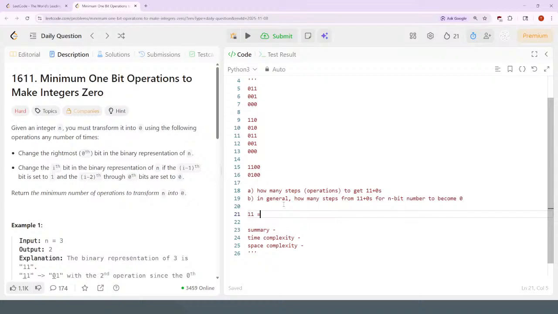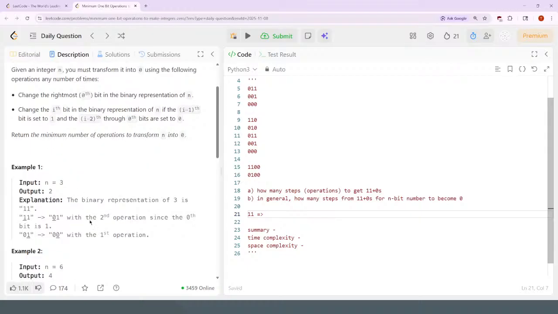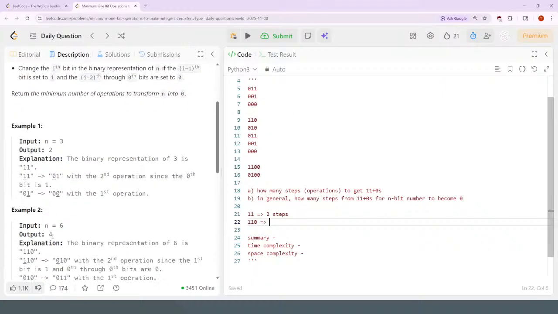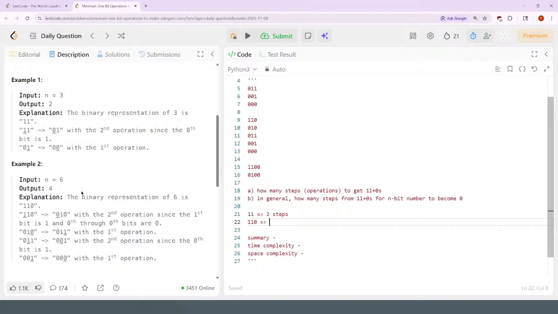So 1, 1, that was the initial example, and that gave me 2 operations, 2 steps. 1, 1, 0, that was example 2, and that gave 4 steps. So the next one might be 8 steps or 6 steps would be the pattern. Probably 8 steps, I guess.